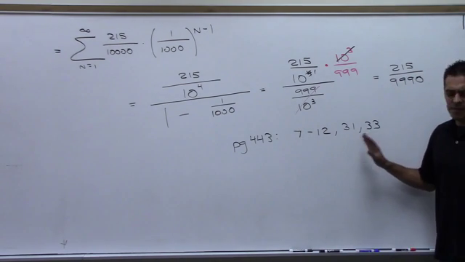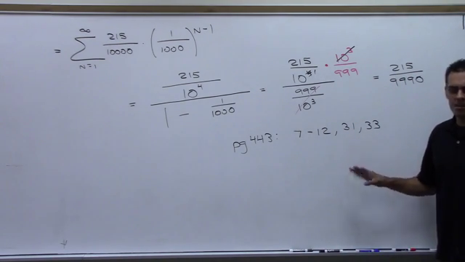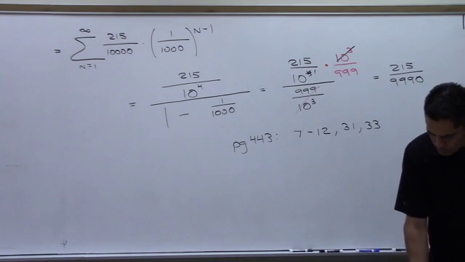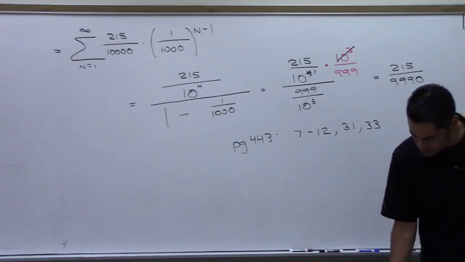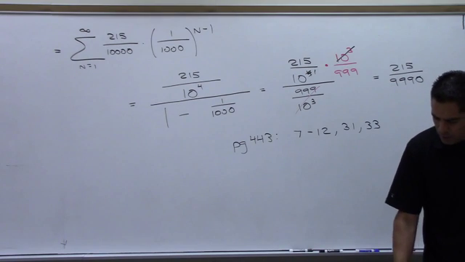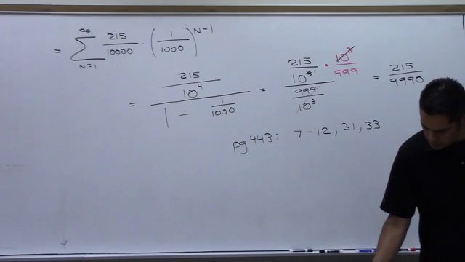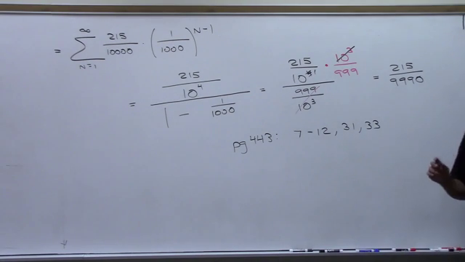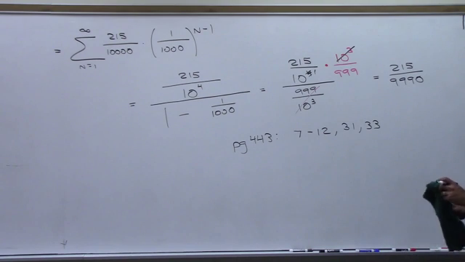This is all messing with geometric series right now. We still need to talk about, oh, is that the next section? Hold on. No? We still need to talk about what are called telescoping series, or collapsing series, in 8.2.